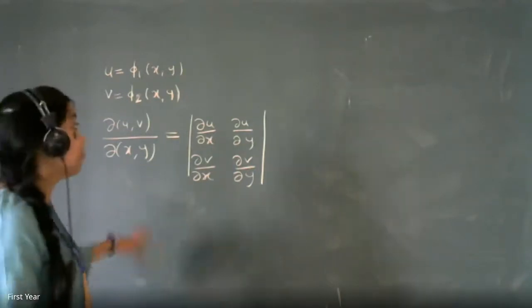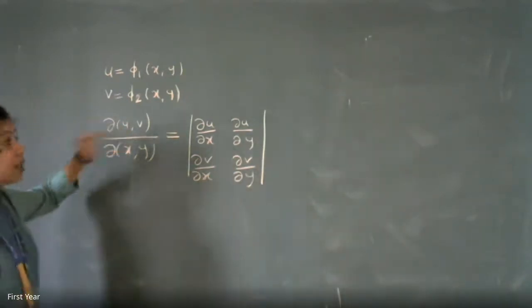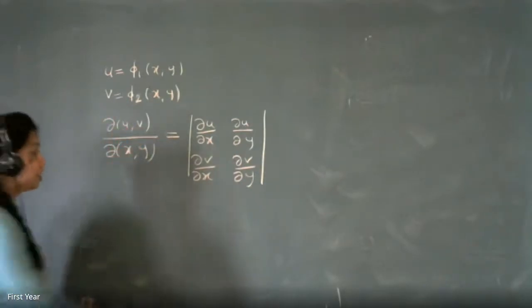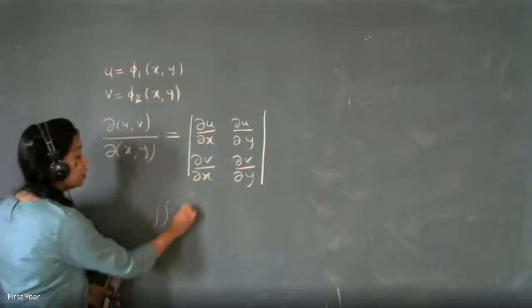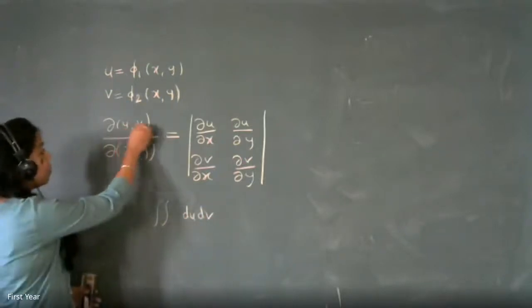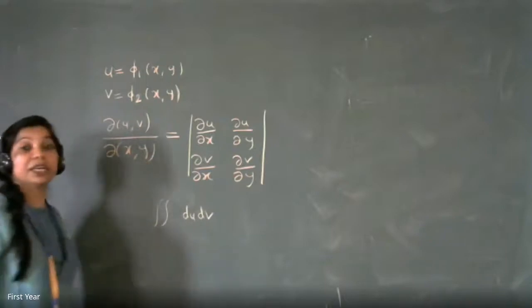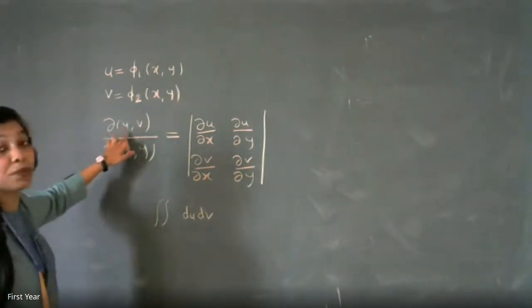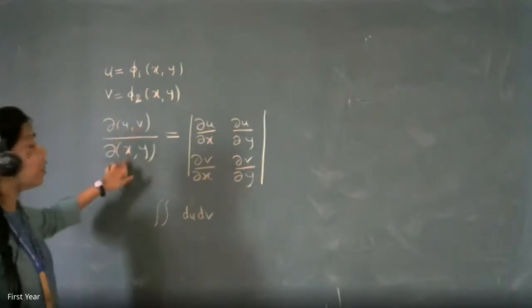Okay, same way it will become difficult to get the integration of u with respect to v. Double integration du dv like this, it becomes difficult. But if I transform the variable u, v to x, y, then the integration becomes easy. So for that I have to make use of transformation. Change u, v variable to x, y.